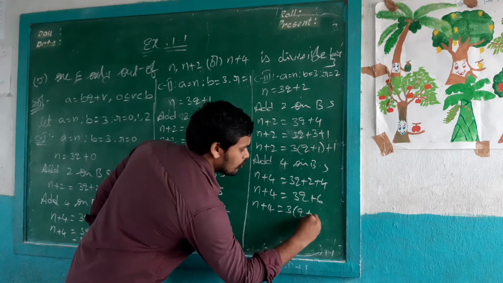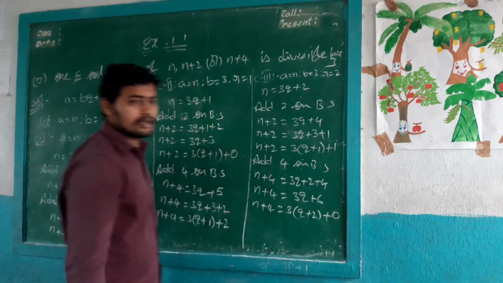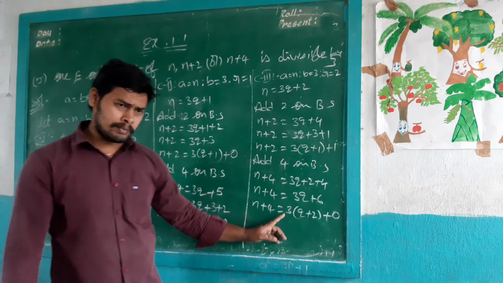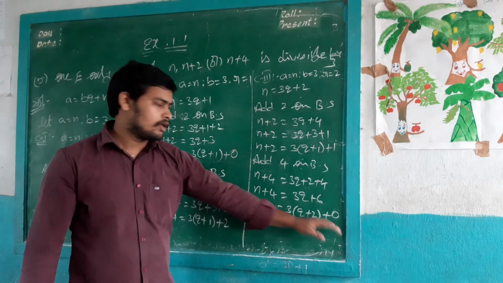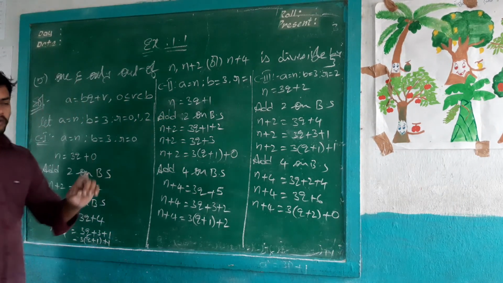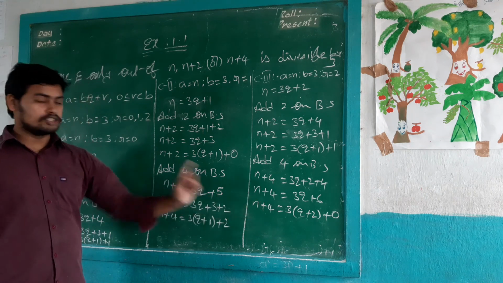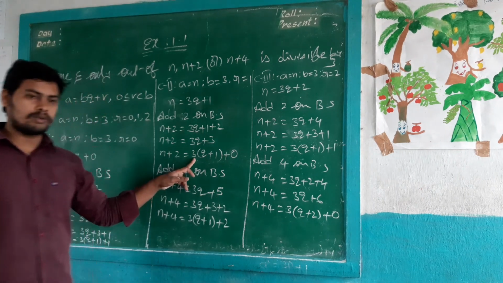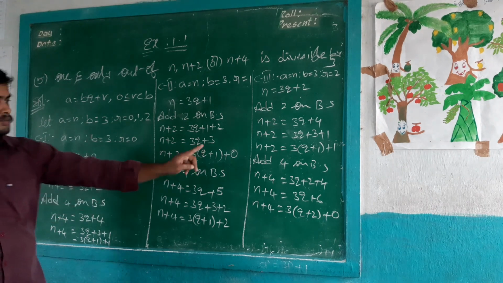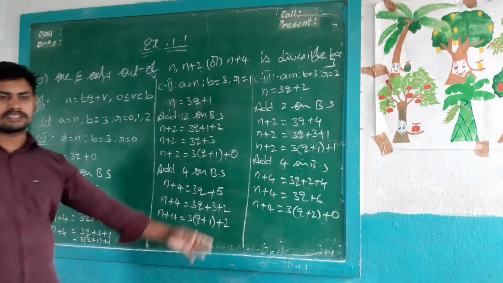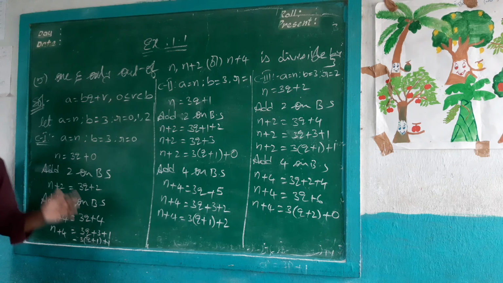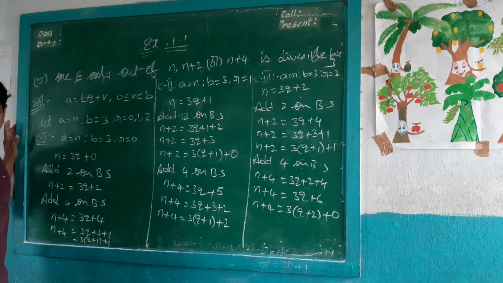Multiplied by 3, q plus 2, and we can write the remainder easily as 0. So one and only one out of n, n plus 2, n plus 4 is divisible by 3, with remainder 0. Hence proved. Okay? Any doubts?